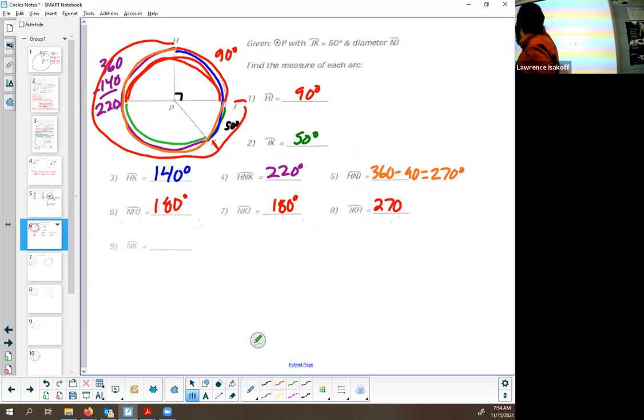I noticed that if I had this section right here, that would create the semicircle. So what I'm going to do is 180 minus this angle here, 50, giving me just 130 degrees.